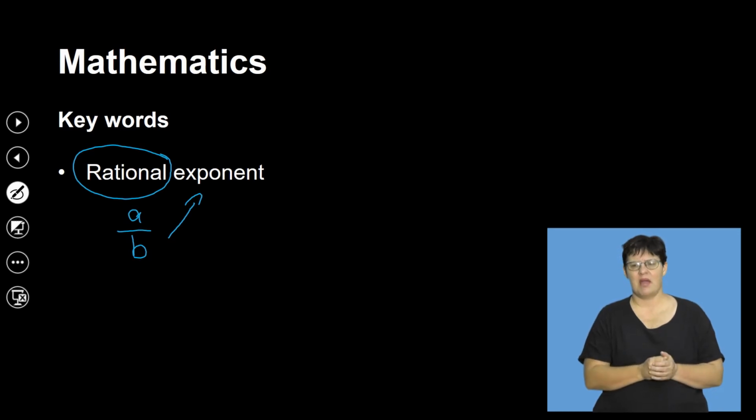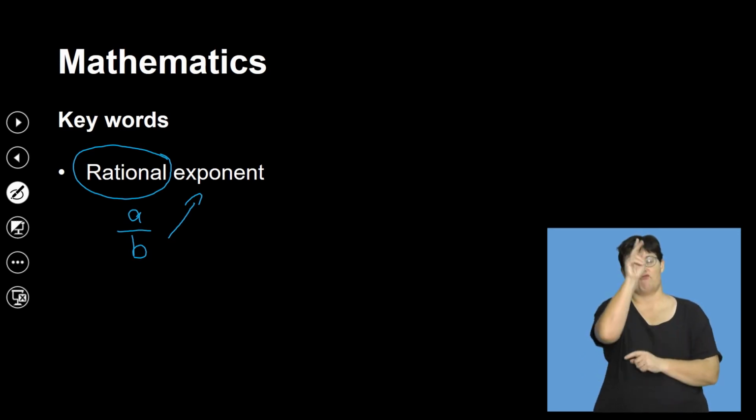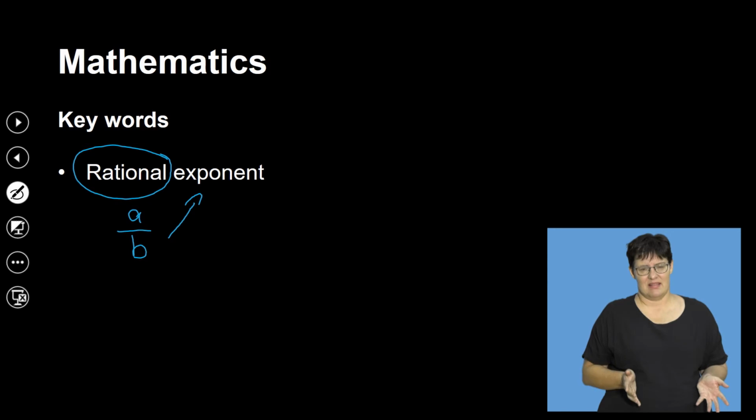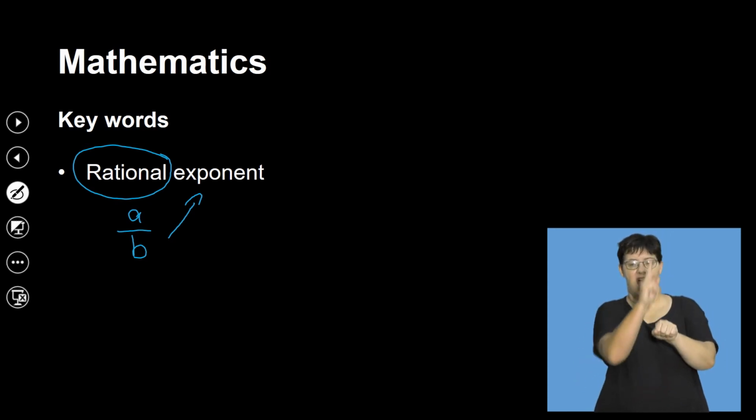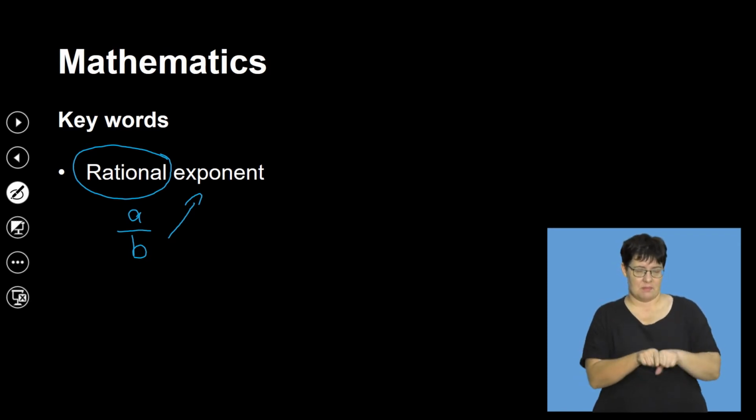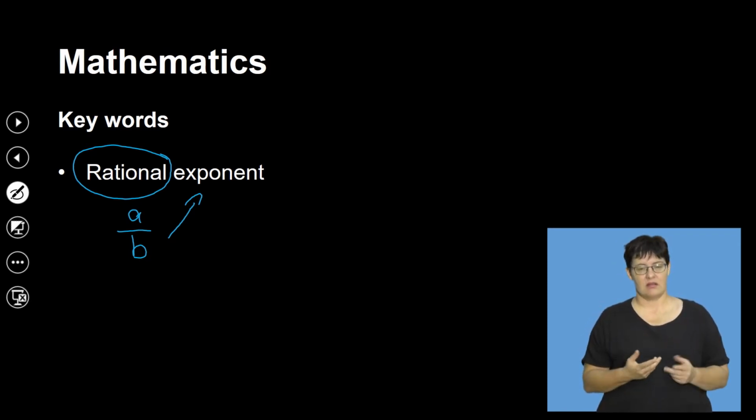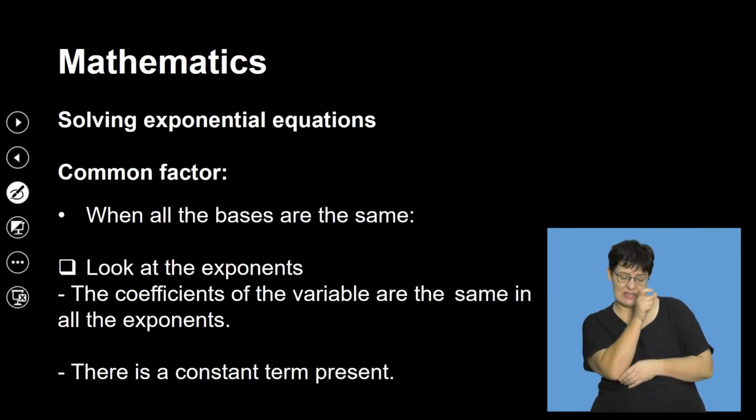It's an exponent in the form of a fraction. That's it. It's nothing different. The rational part still means a rational number, but it is a rational number that is an exponent at that time. So you really need to make sure that you understand that.